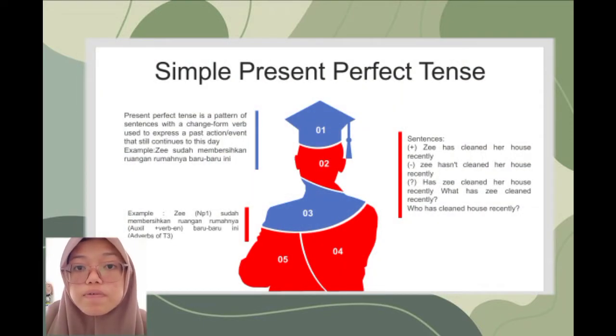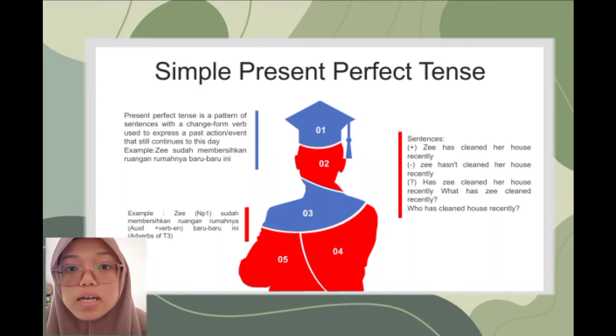Simple present perfect tense. Present perfect tense is a sentence pattern with a change in the verb used to express a past action or event that still continues to this day. Example, Z sudah membersihkan ruangan rumahnya baru-baru ini.